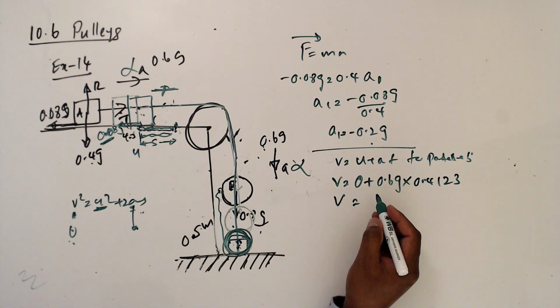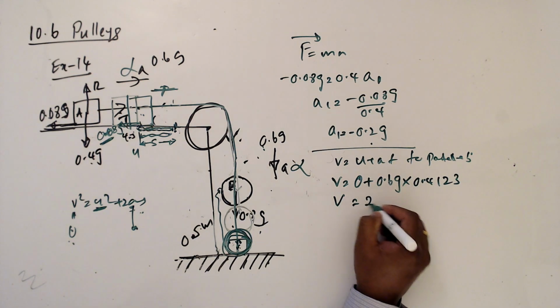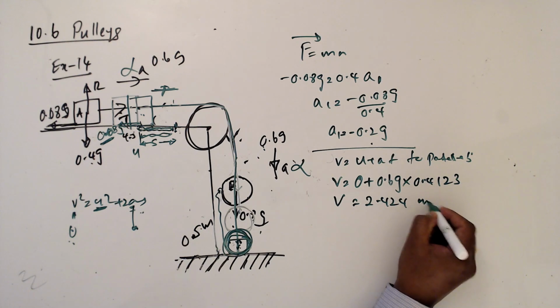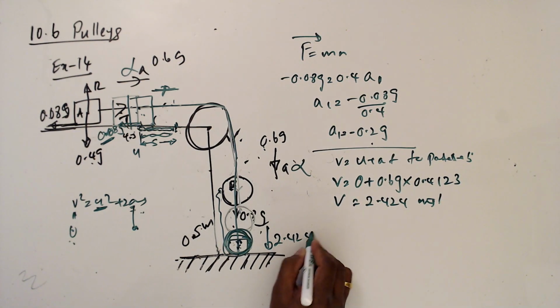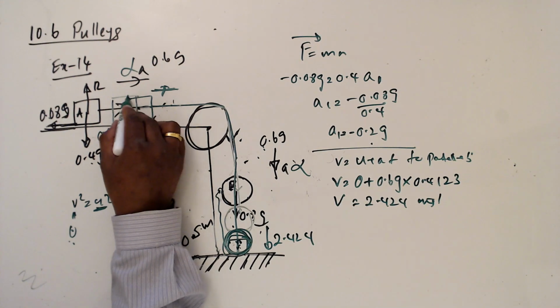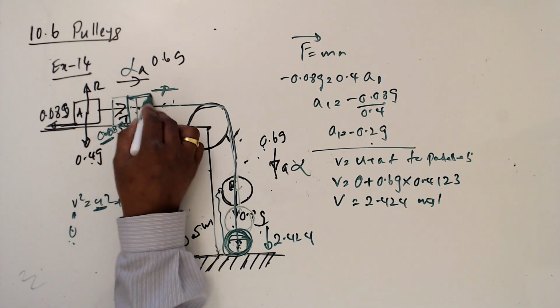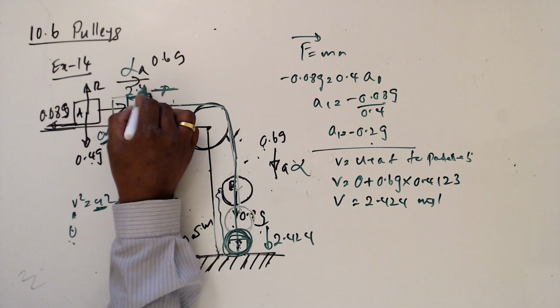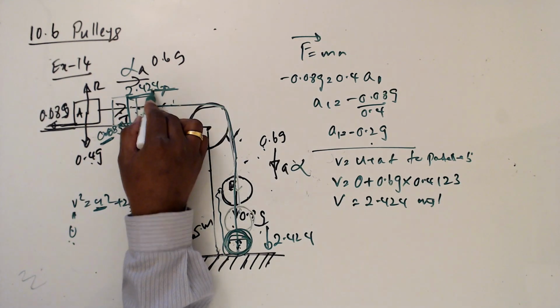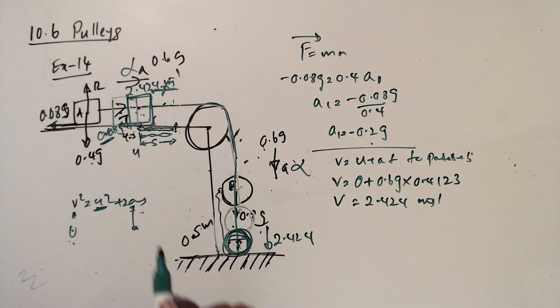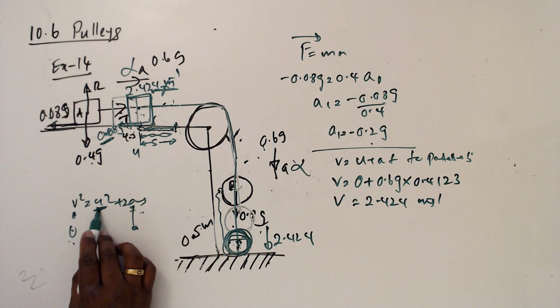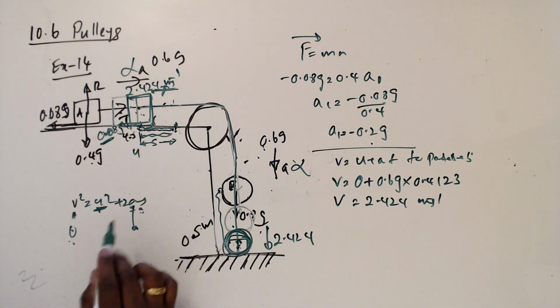So this value is going to be 2.424. So this is hitting with 2.424 m/s. So then this particle also has 2.424 when it starts decelerating. So then we know u, then we can find s.